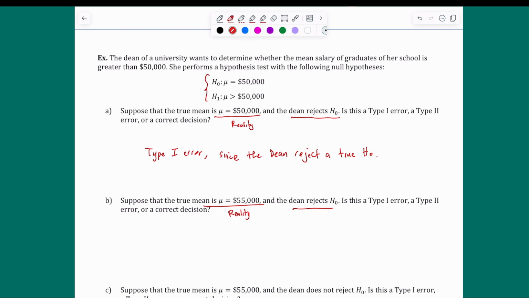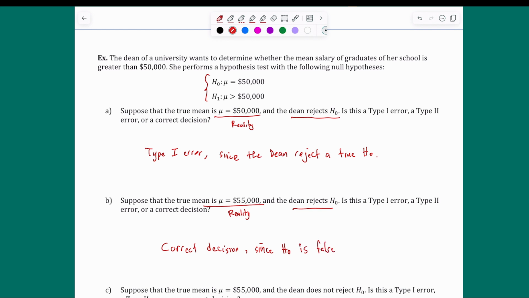This is the correct decision because the mean in the null hypothesis is $50,000, but the reality is that it's actually $55,000. So this is rejected, and that's the correct conclusion, that it's greater than $50,000. And so that's the correct decision, since H0 is false.